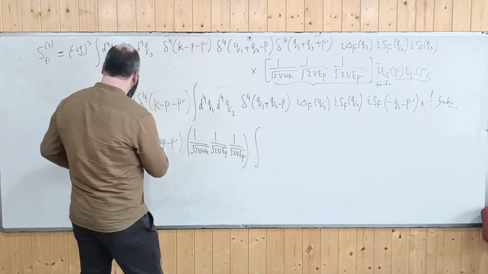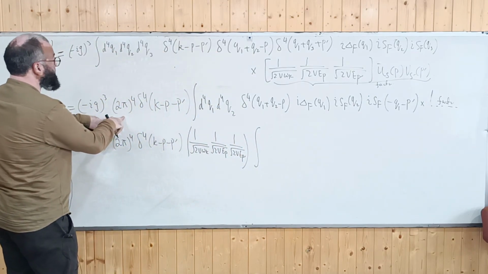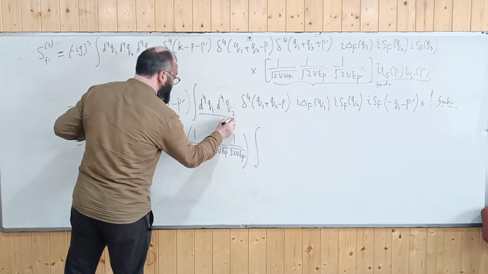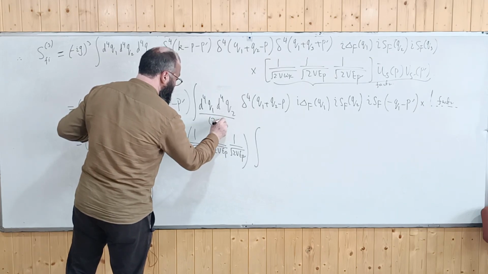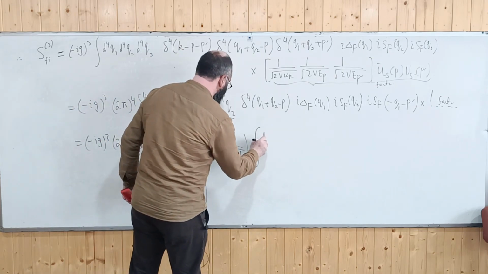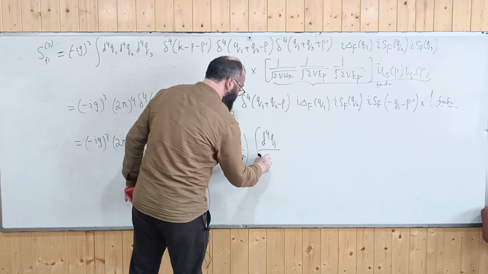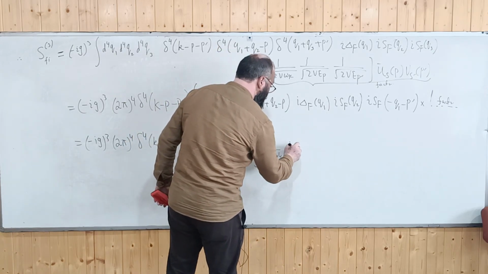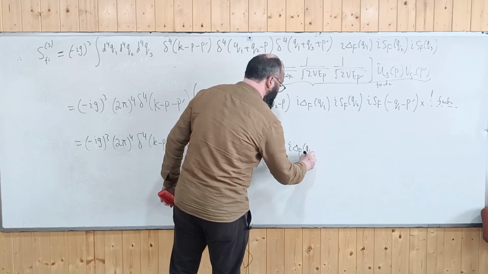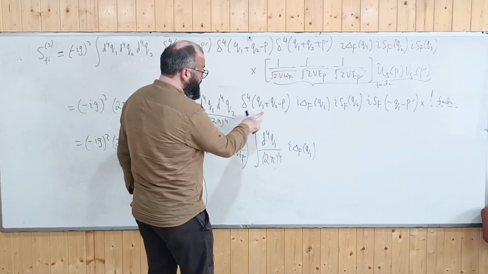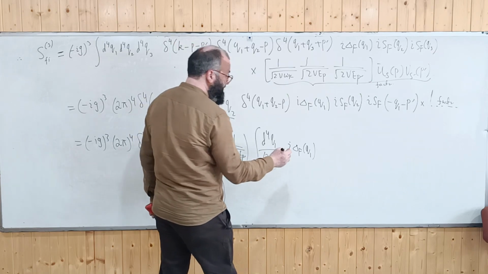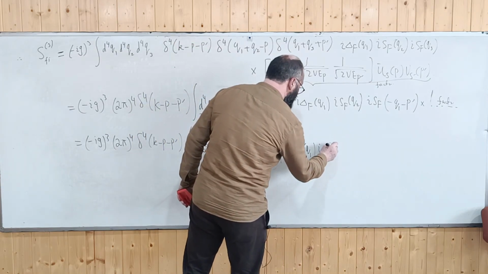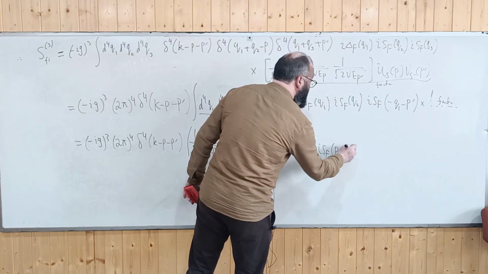So now let's write this. Because I have put this (2 pi) raised to the power 4 outside, you need to divide this by (2 pi) raised to the power 4. So it is d4 q1 divided by (2 pi) raised to the power 4, then i delta f q1. Since you are integrating over q2, q2 is replaced by p minus q1, so it is p minus q1.